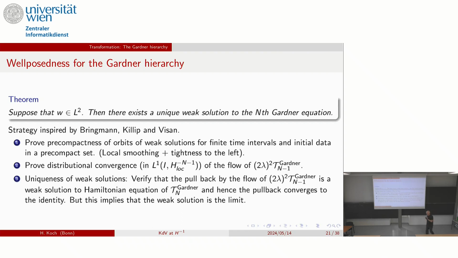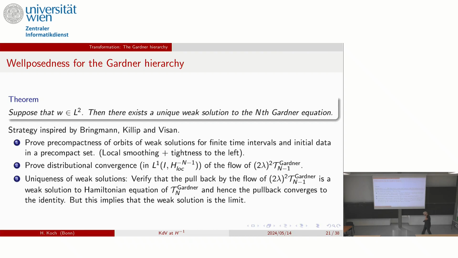So this formulation is stronger, even for n equal to 1, than the corresponding formulation of Killip and Visan, because here we prove existence and uniqueness of weak solutions, not only continuous extension of a flow in more regular spaces. And it's for the whole hierarchy at once.